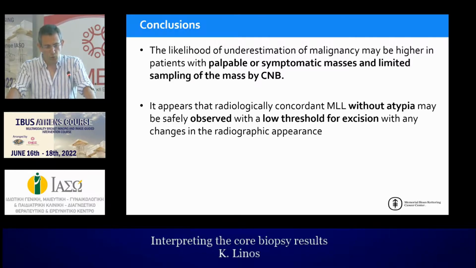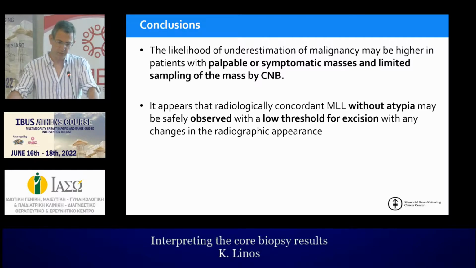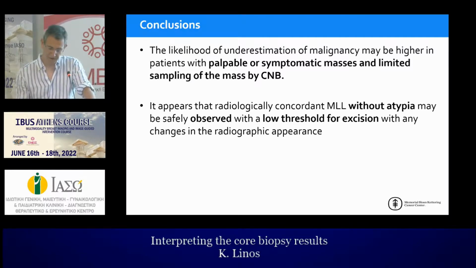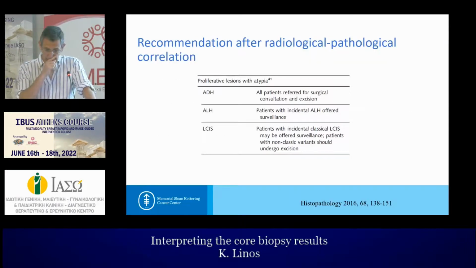However, if you get a concordant, again, you've heard this word so many times, concordant radiology, and you get a mucocele-like lesion that doesn't have any atypia, the data show that this patient can be safely observed, but you have a low threshold for excision if you have any changes radiographically.